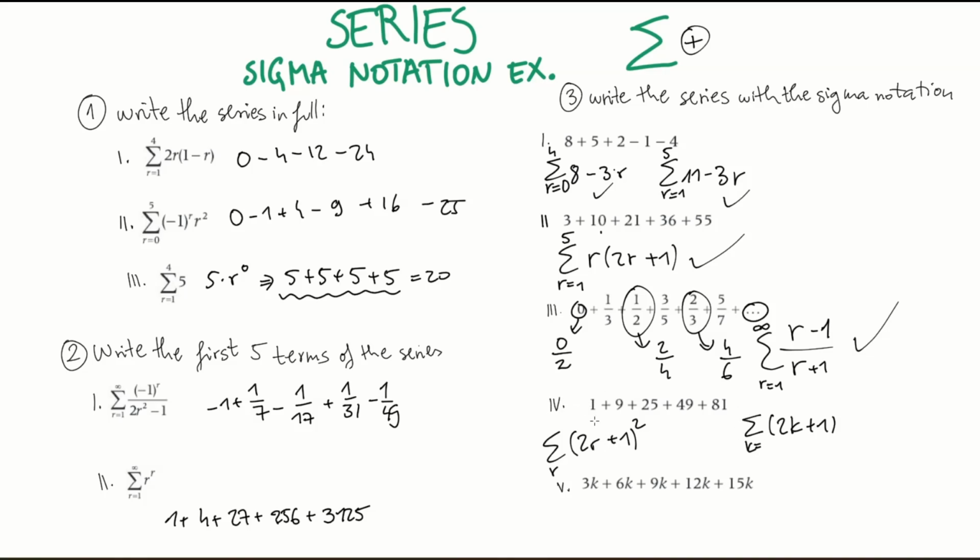We can see that if we put the sigma notation running from 1 to 5, since we have 5 terms, our first term in that case would be 2 times 1 plus 1, which is 3 squared, and we would get 9. So we need to figure out that for such expression we need to set the sigma notation running from 0 to 4.